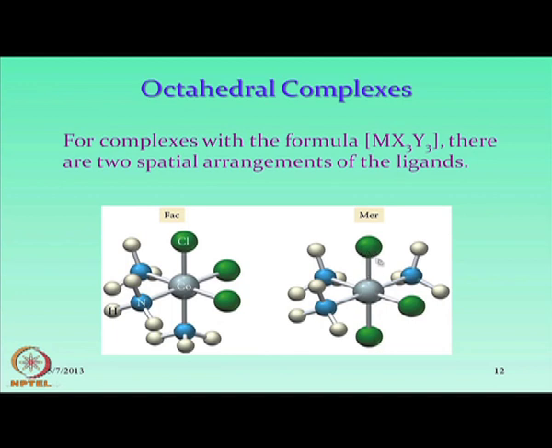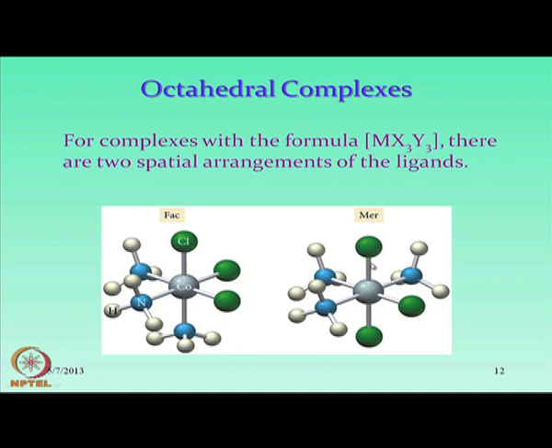So, in the case of the meridional isomer, which is also true for the binding of the ammonia, these 2 ammonia groups are diagonally opposite, that means the nitrogen-cobalt-nitrogen bond angle is 180 degrees. So, we get the corresponding meridional isomer.